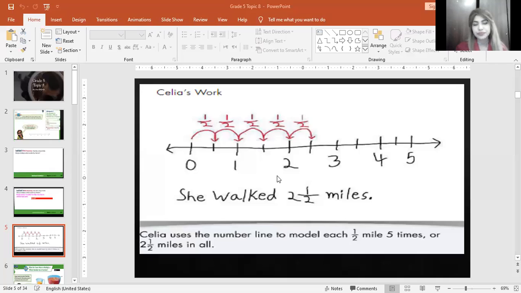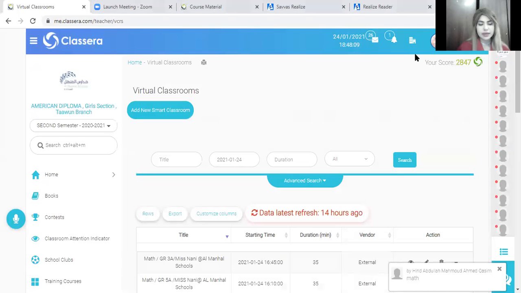PowerPoint. And also, I want to tell you that the PowerPoints, of course, you will find on Classera. I will show you where. So I want to show you how to find your work on Classera. So I will go to Classera. I will share my screen so you can see here. When you go to Classera, there are so many ways to see your course material.